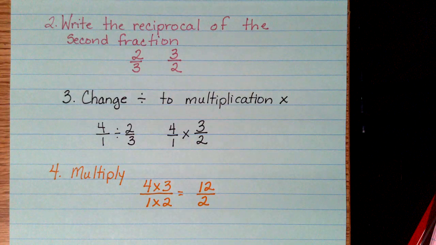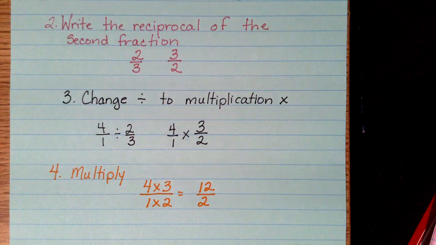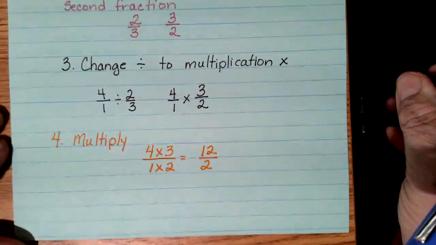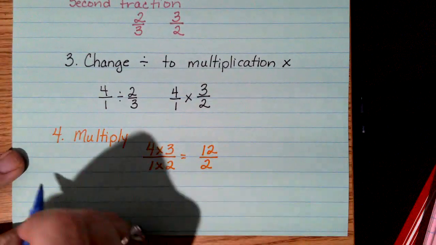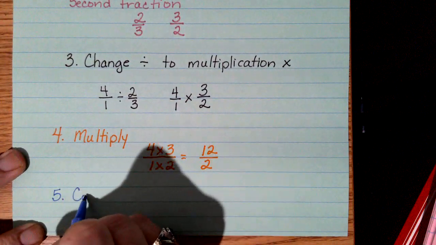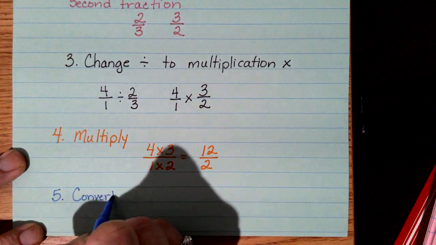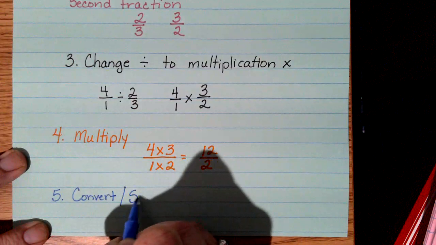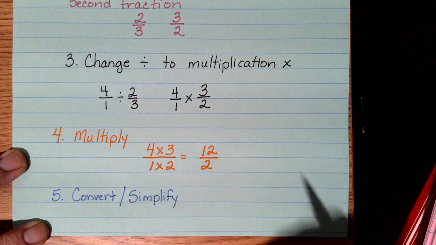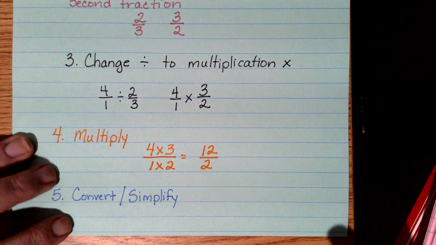And step 5 is to convert to a mixed number and simplify. So you could find the GCF first if that would help you.